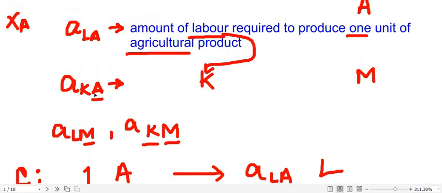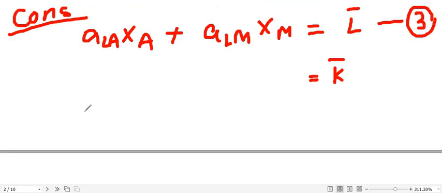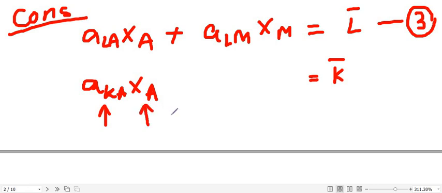Assuming that AKA is the amount of capital required to produce 1 unit of agricultural output, and again assuming XA amount of output is produced to maintain consistency, the capital sent to the agricultural sector will be AKA XA.